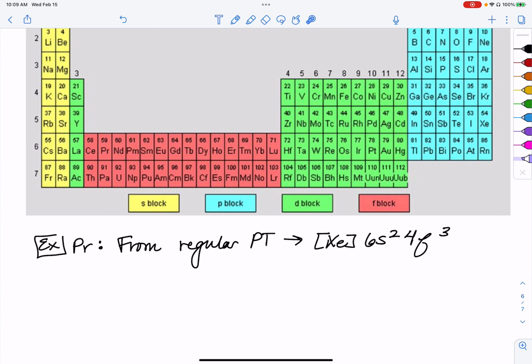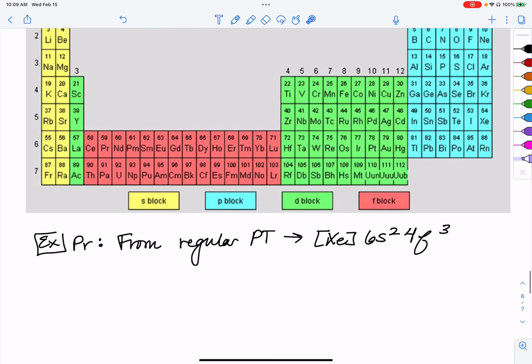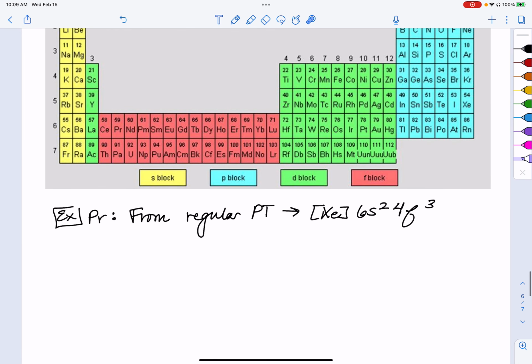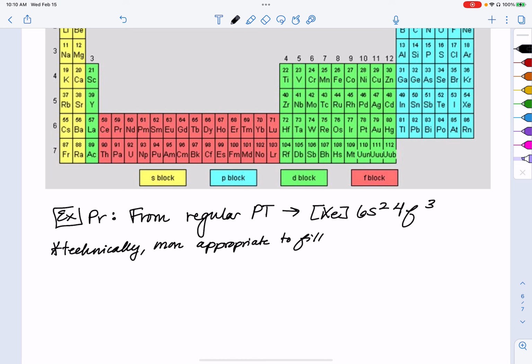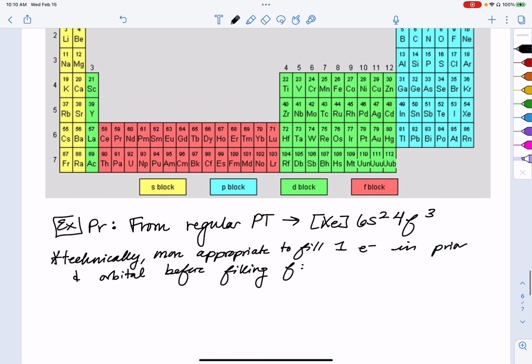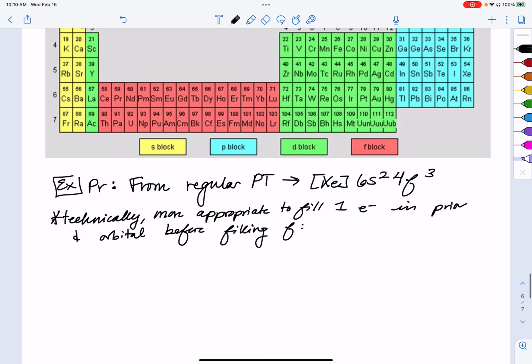However, technically, lanthanum and actinium are D block elements. So technically, it is more appropriate to fill one electron in our prior D orbital before filling the F, based on the true structure of the periodic table given here.